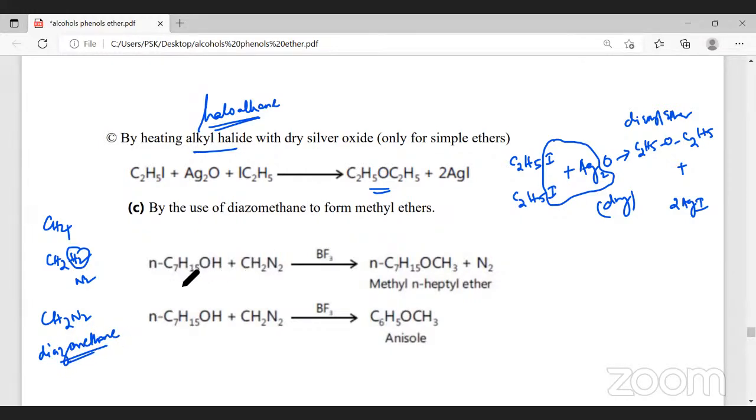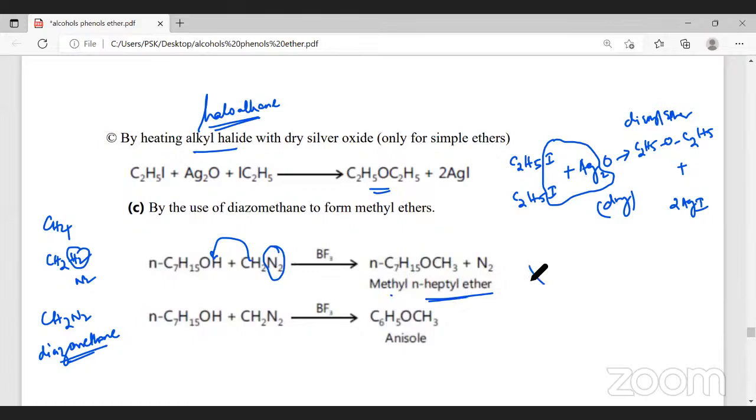Now, an alcohol, a long chain alcohol, C7H15OH, heptanol. When it's heated with diazomethane in the presence of boron trifluoride, nitrogen gas gets eliminated and the CH2 gets bonded to hydrogen. Therefore, we get C7H15OCH3, methyl n-heptyl ether.